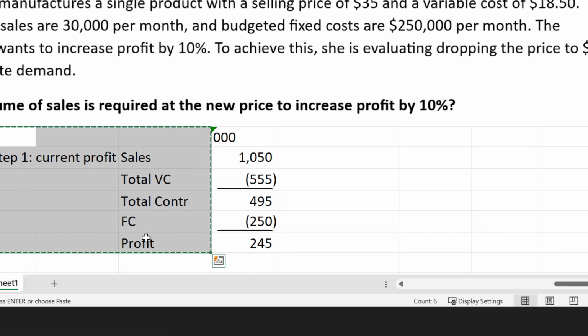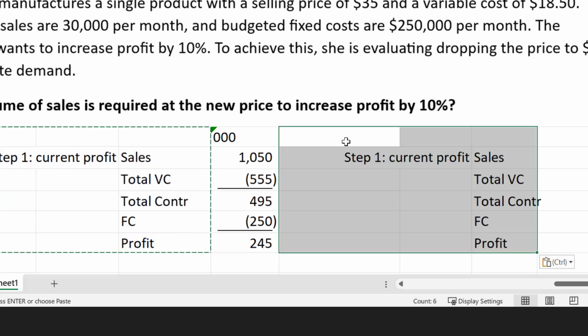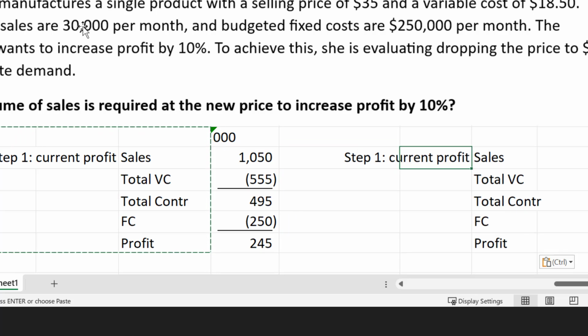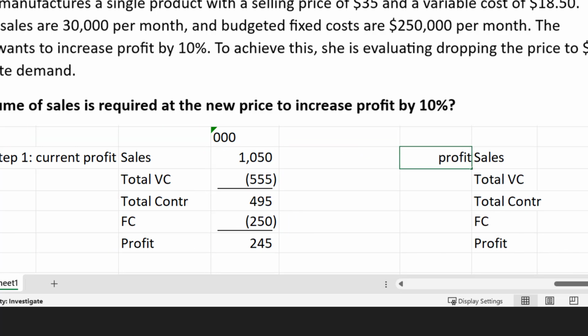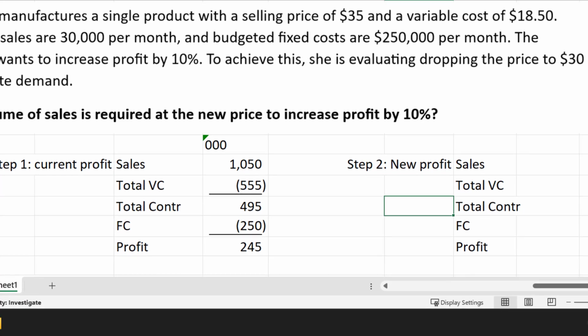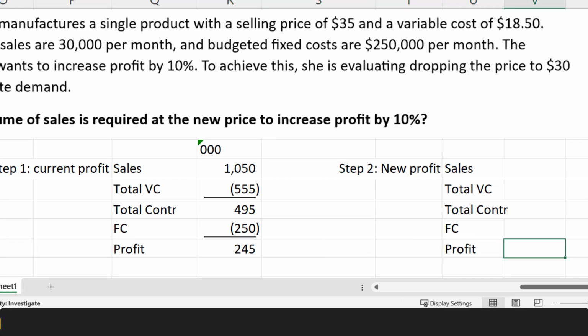Now that we've got step 1 done, let's go to step 2 and let's calculate how much contribution we need to achieve that 10% increase in profits. So let's call this step 2. New profit. Well, we want to grow by 10%. So the profit that we want, the target profit, will be equal to the 245 multiplied by 1.1. 270.